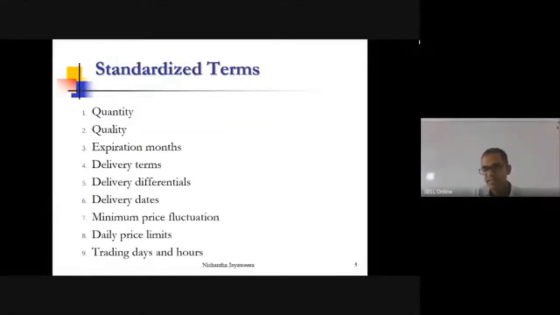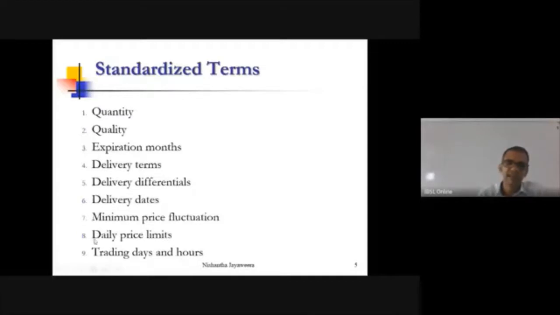But in a futures contract, it may not allow. It may be at least 5 cents. Minimum price fluctuation may be 5 cents. Or maybe in the 4th decimal place. They specify that. That is the minimum price fluctuation. You cannot have price changes below that minimum amount. So that is also specified in the standardized terms.